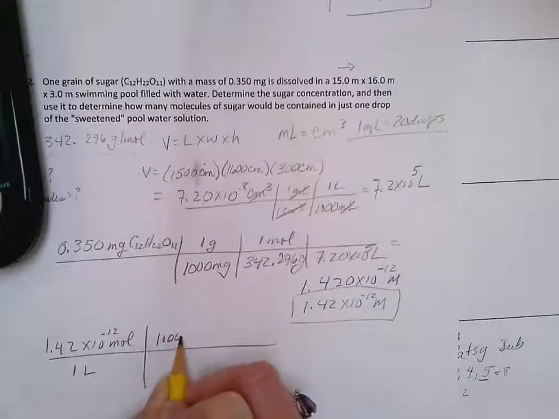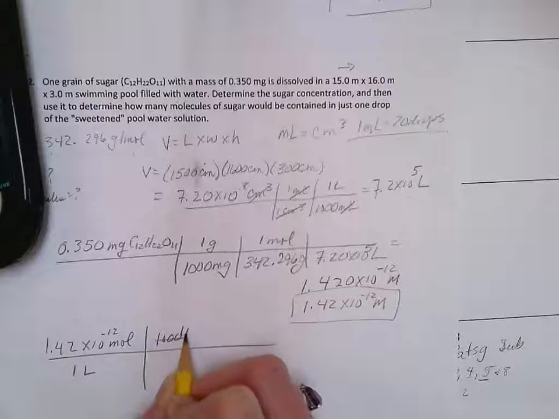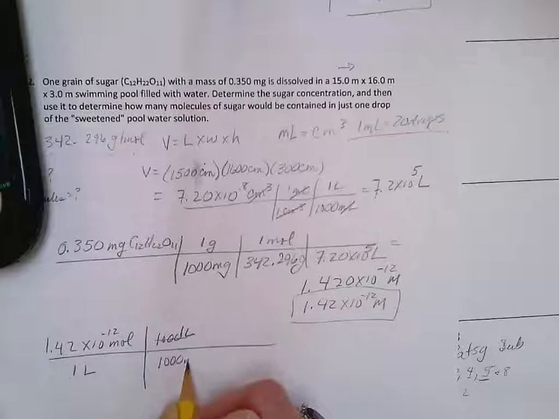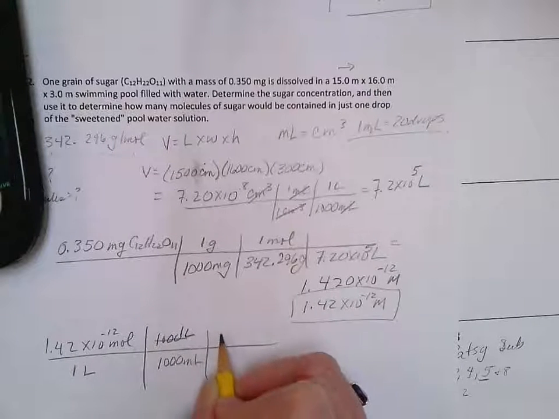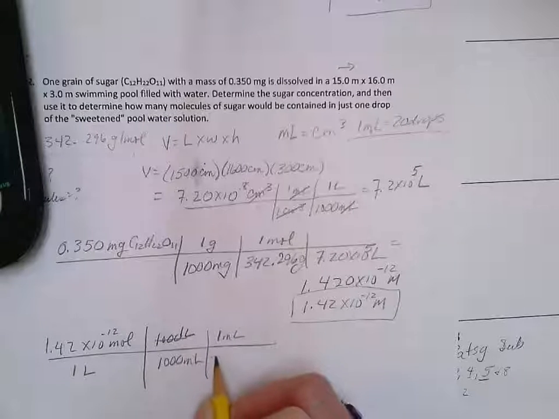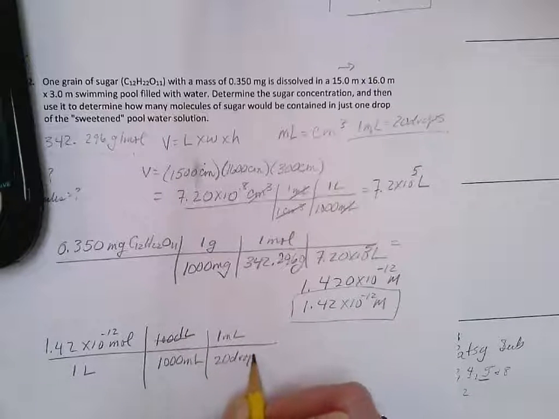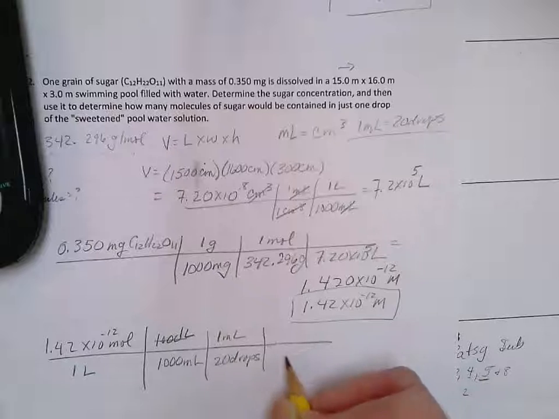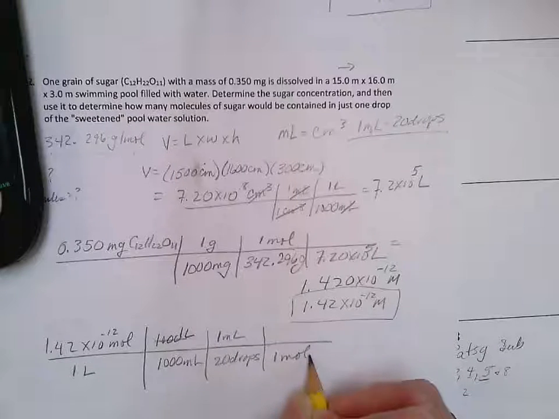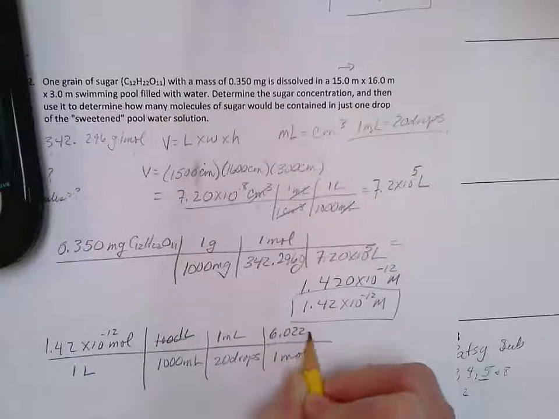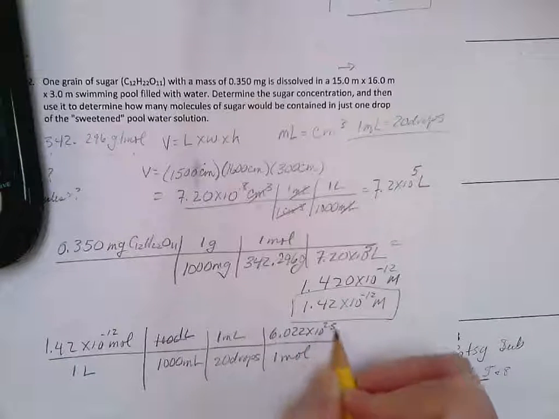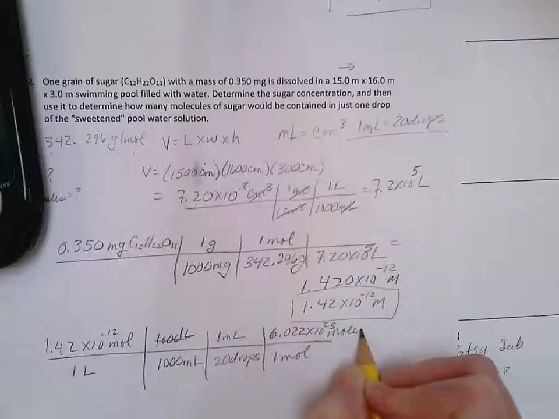And 1 liter is 1,000 milliliters, and in 1 milliliter there's 20 drops. And then in 1 mole, there's 6.022 times 10 to the 23rd molecules.